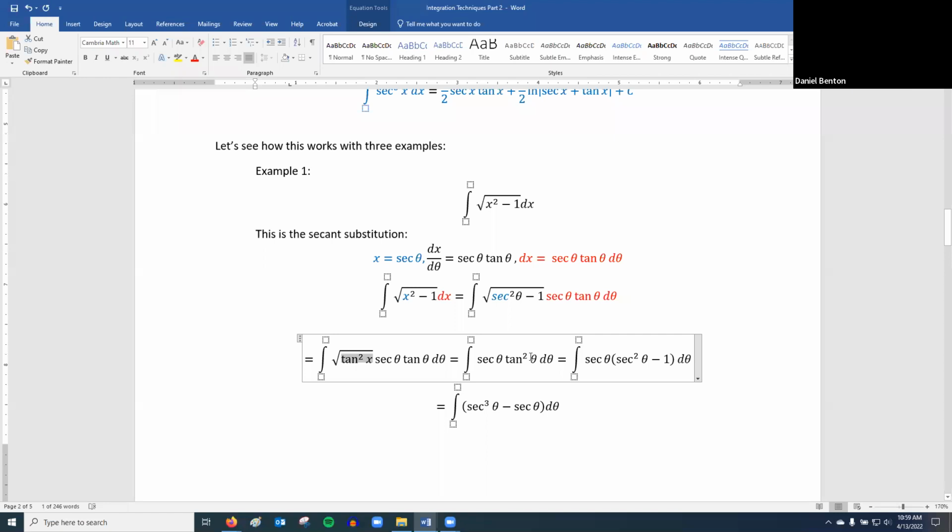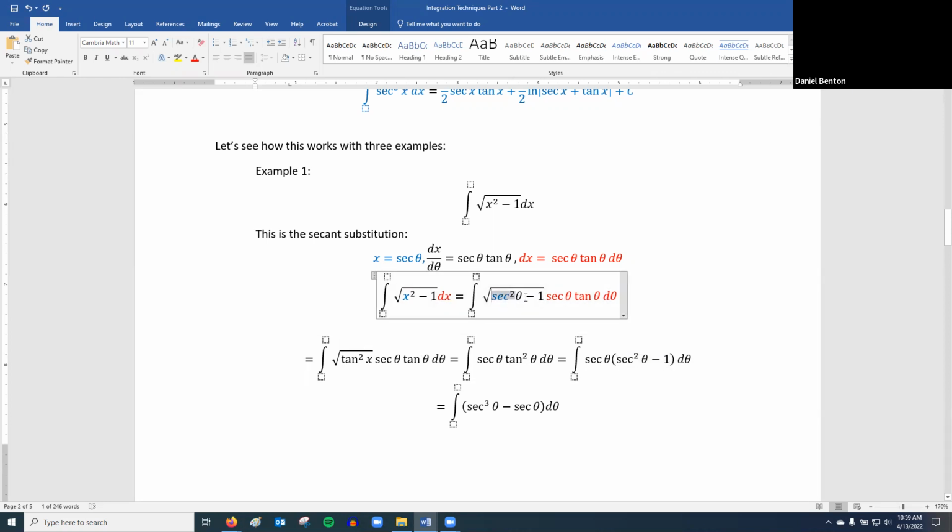That's secant times tangent squared. Well, you can try doing substitutions on this, but none of them work. So the first thing we need to do is get rid of the square root. Then you can try different stuff, but the thing that's going to end up working out is calling tangent squared secant squared minus 1.